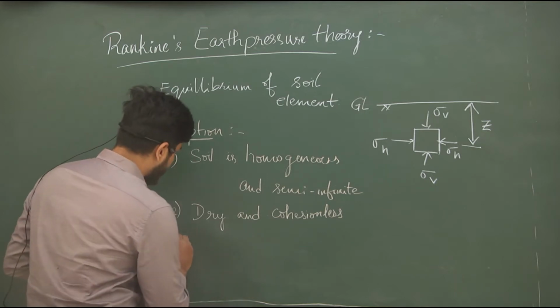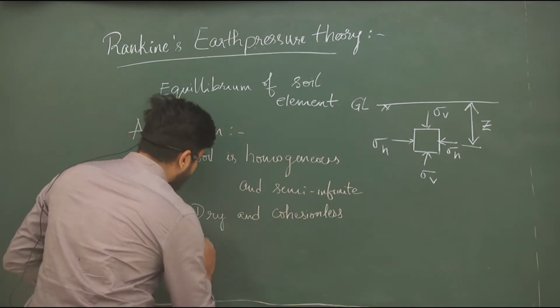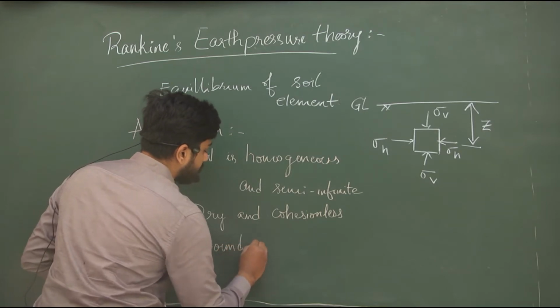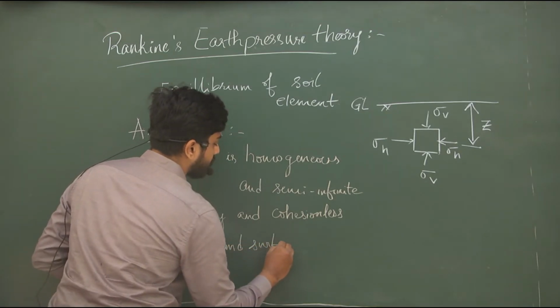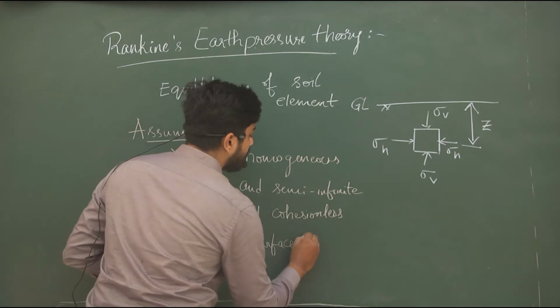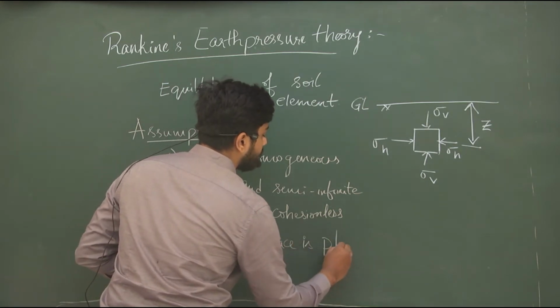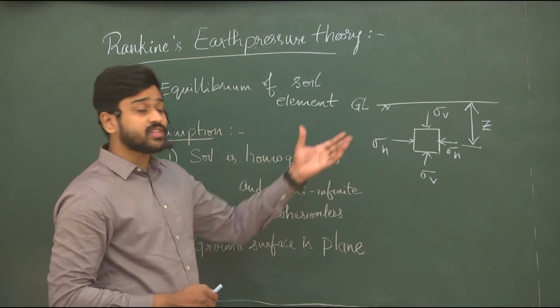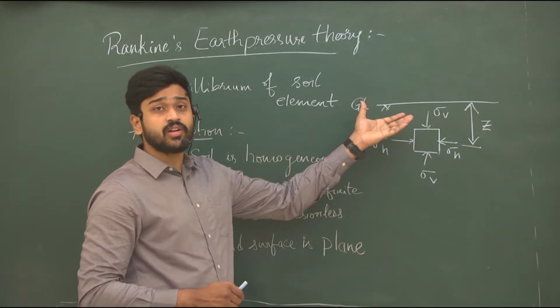The next assumption is that the ground surface is considered plane. That means it is not undulated. Whatever ground surface we are considering, it is not undulated and it is plane.